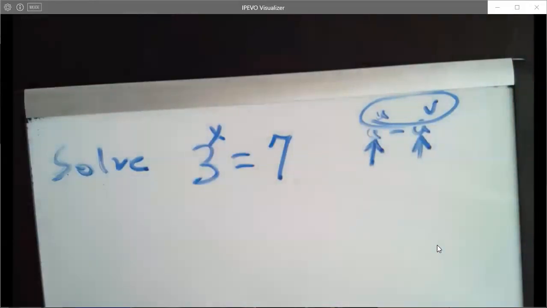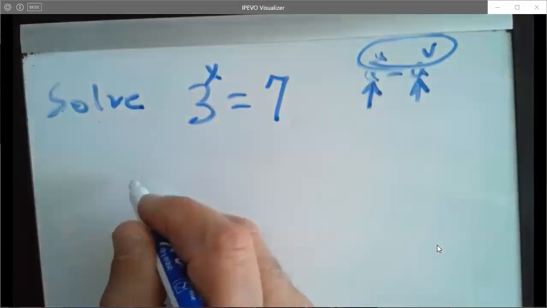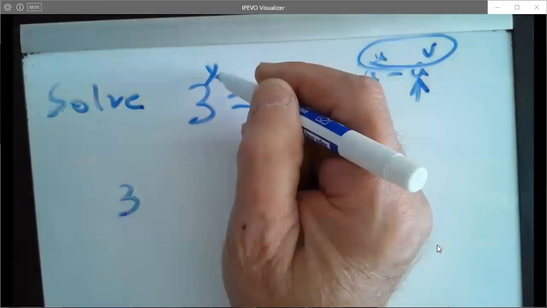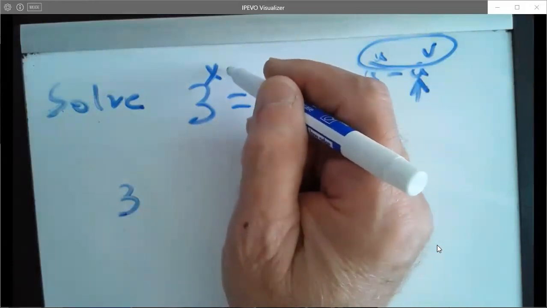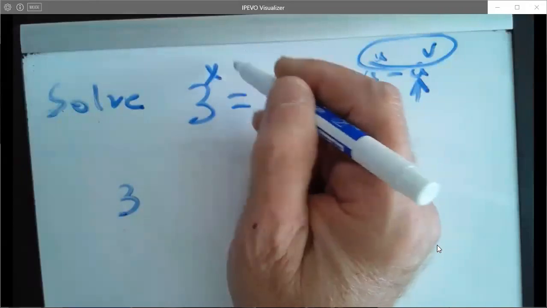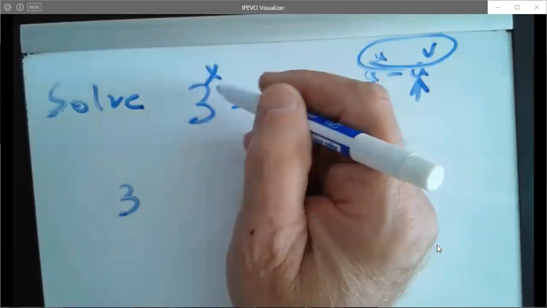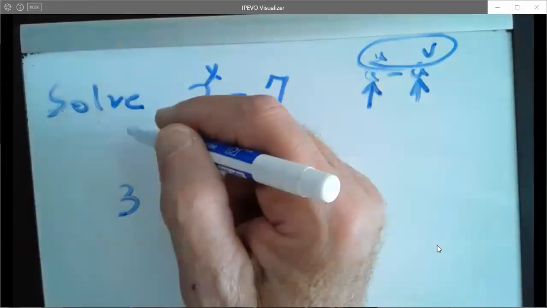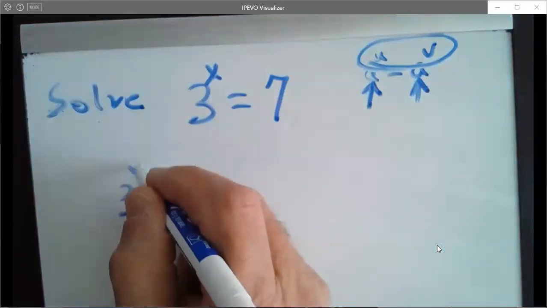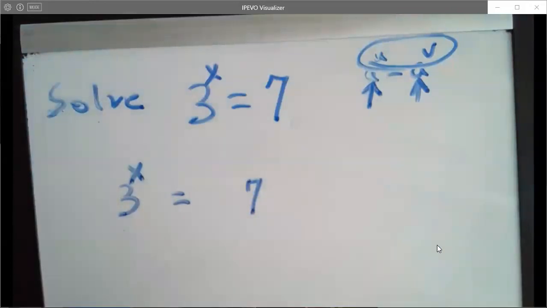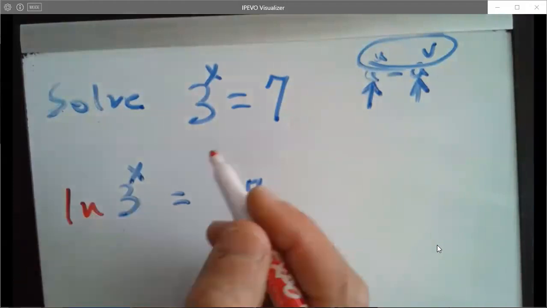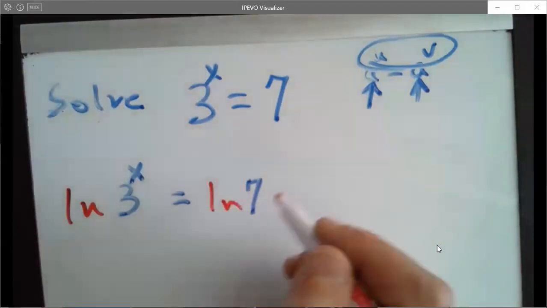The problem is we've got this unknown up here as an exponent, and we can't solve this problem as long as that x is up there as an exponent. So we've got to bring that down somehow. So the way we do that is we use logarithms. So we can either apply log or natural log to both sides. So in this particular example, they use natural log.